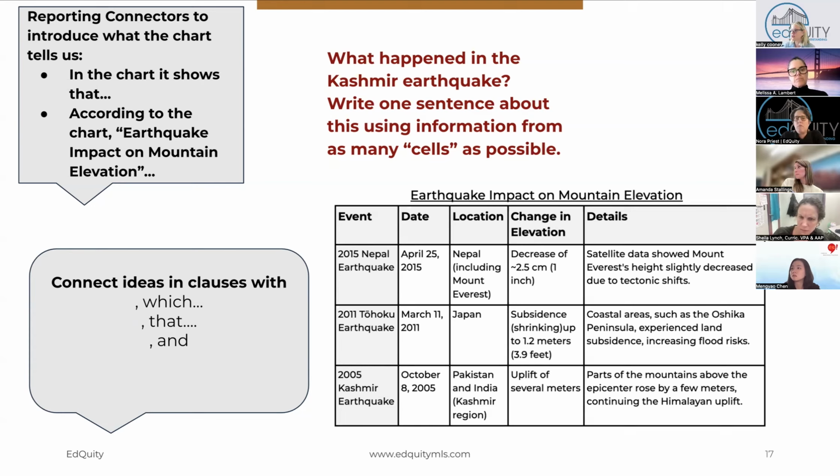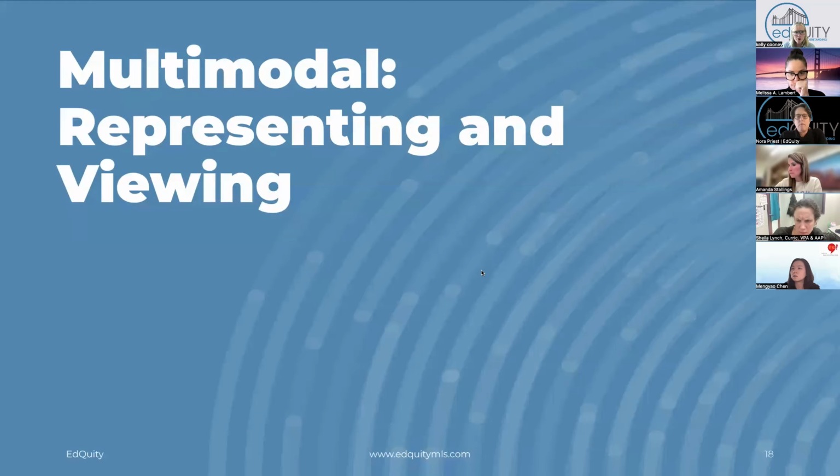So we want to apprentice our kids to be able to connect ideas by building clauses. And it might be a little messy. They might end up with a run-on, but we want to at least teach them how to make meaning across a row of tables. So that's one example of how we might amplify one of the science and engineering practices and the language skills inherent in reading a table and making sense of it beyond one cell's worth of information.